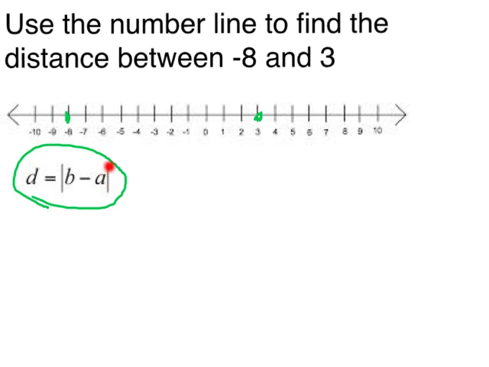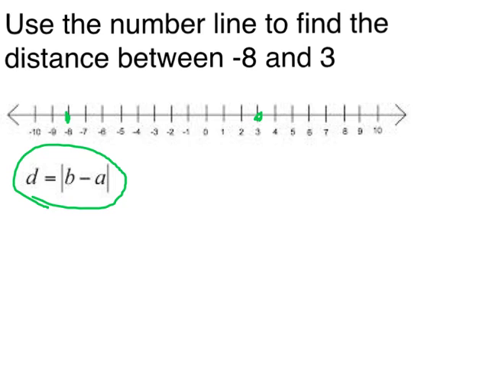It means anything inside of these has to be positive once you get the answer. That makes sense because the distance on the number line has to be a positive number. A distance cannot be negative. There is no such thing as a negative distance. There are negative numbers, but no negative distance.